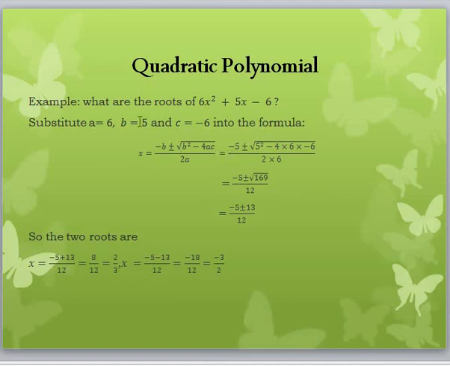Put all this in the formula x = (-b ± √(b² - 4ac)) / 2a: (-5 ± √(5² - 4 × 6 × (-6))) / (2 × 6) = (-5 ± √169) / 12. The root of 169 is 13, so x = (-5 ± 13) / 12. After solving this we get two roots: (-5 + 13)/12 = 2/3, and x = (-5 - 13)/12 = -3/2.